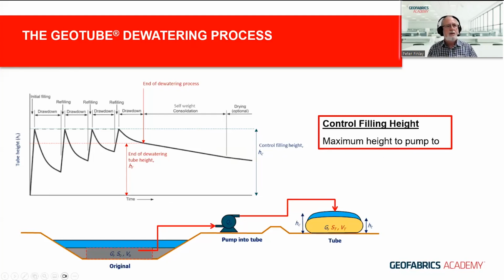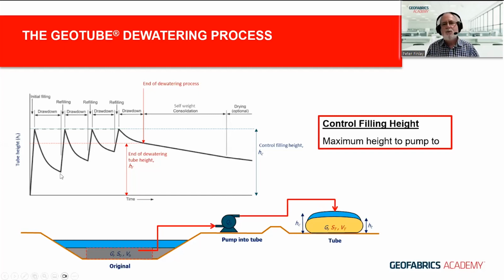For example, a 27 meter circumference geotube may be pumped as high as 2.7 meters for organic sludges. Why do you never exceed this? Because if you're exceeding that, you're putting extra stresses on the geotextile and the seams. And believe me, if you stand next to a 2.7 high geotube full of wastewater treatment sludge, you don't want to be overstressing it.